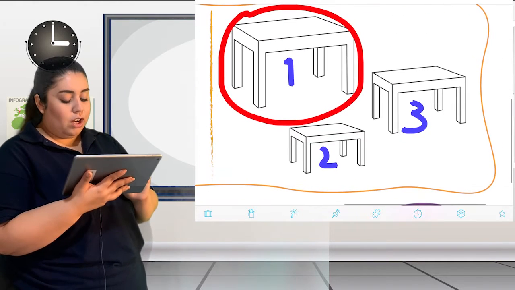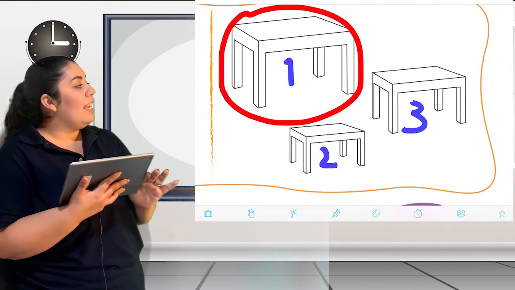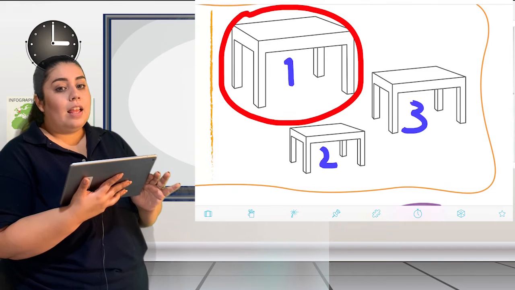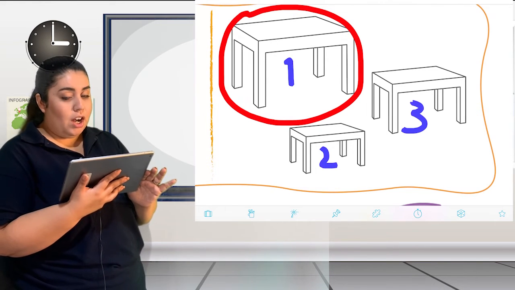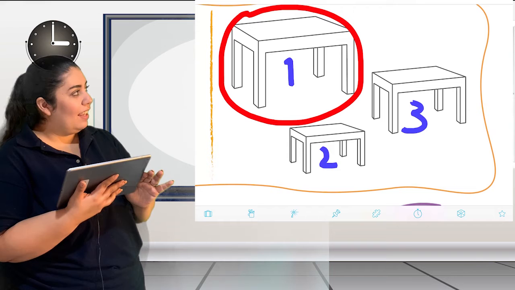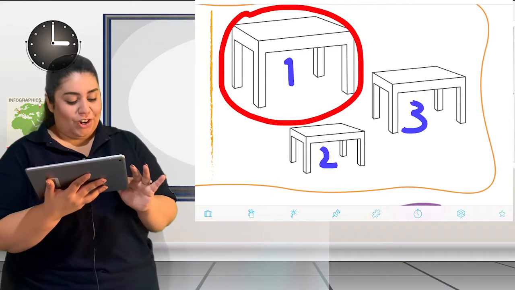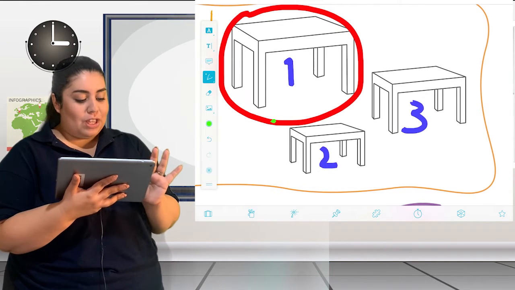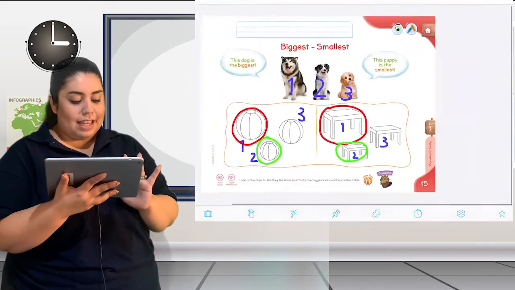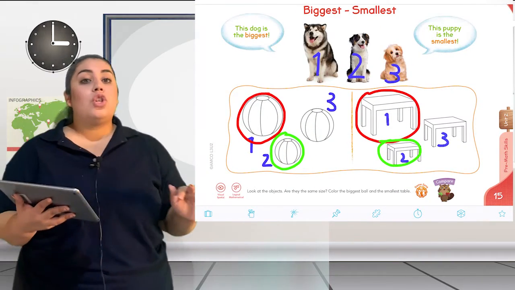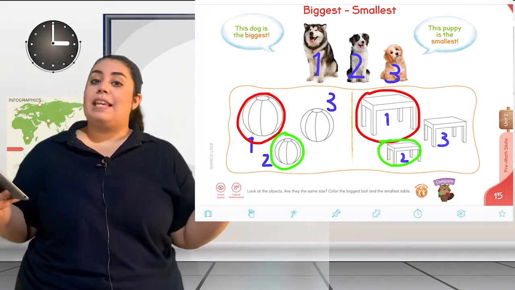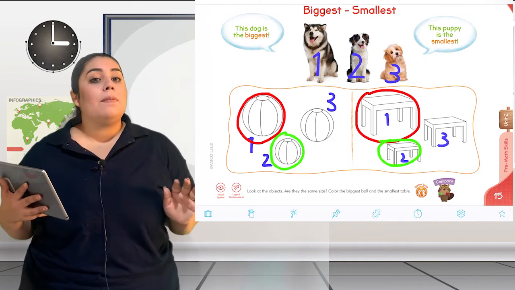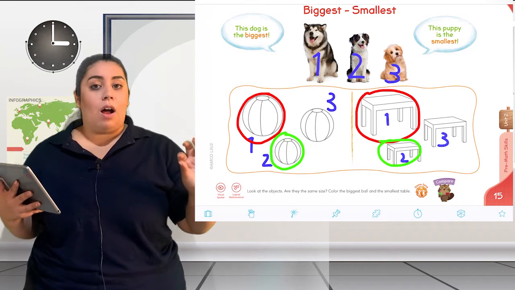And over here, the smallest is the number 2 also. Very good. So in red, we have the biggest, and in green, we have the smallest.